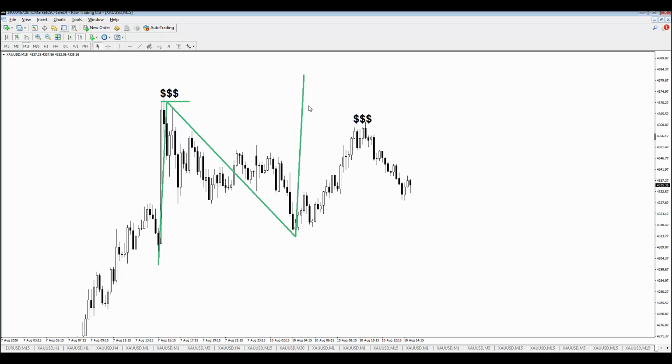So for me, if this market did come up, and these are only projections, it doesn't mean that you're definitely going to hit those levels, I would simply draw a line from this top like that, and I would ask myself the question, are they going to come back for that liquidity? And the other level I would look at is this former top here.